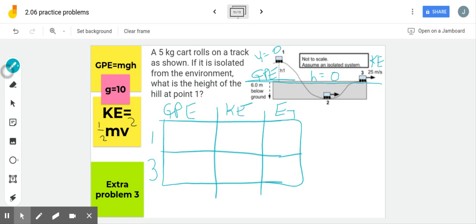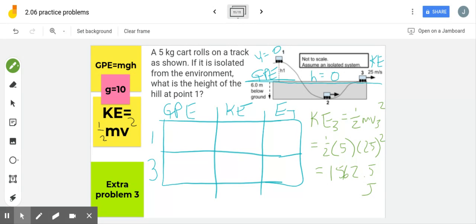Okay, so I'm going to start off with calculating KE3. KE3 equals 1/2 MV3 squared. And I know that's 1/2 times 5 times 25 squared. Let's do that math. 2.5 times 625 is, oh, that's right, this is a stupid number, 1,562.5 joules.